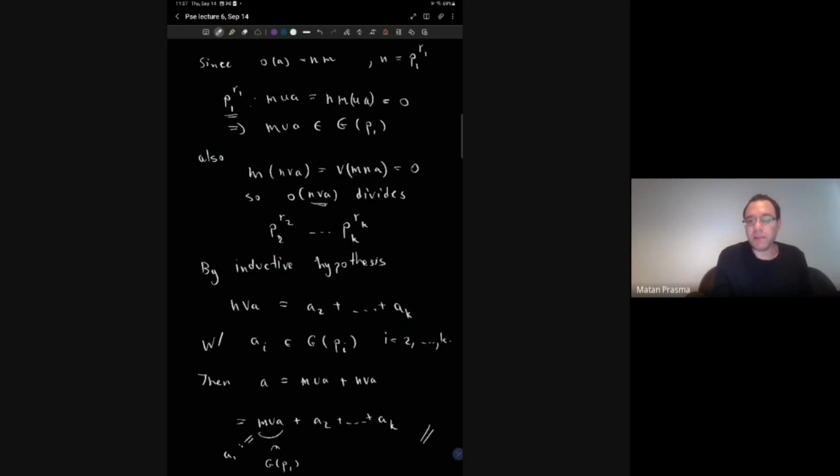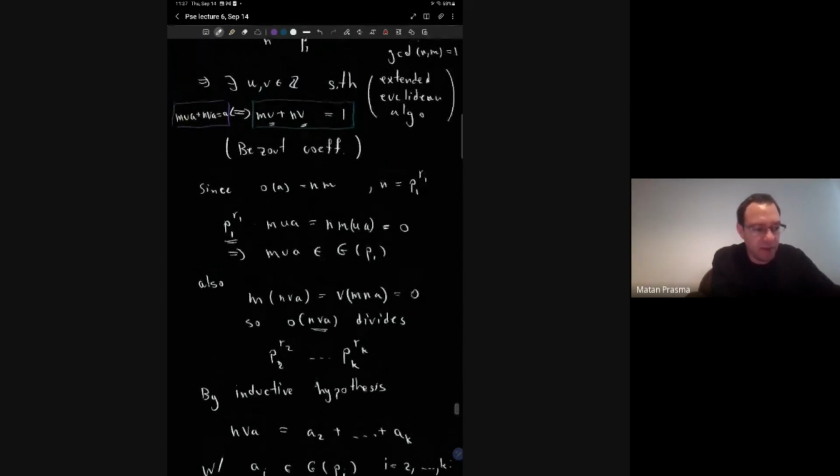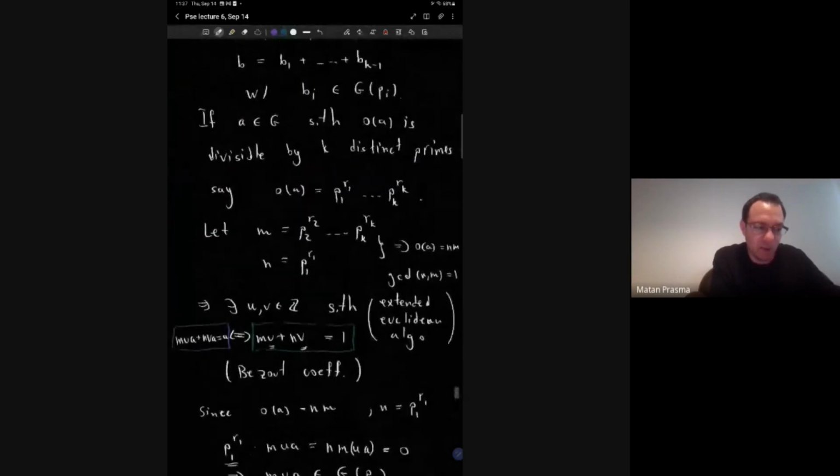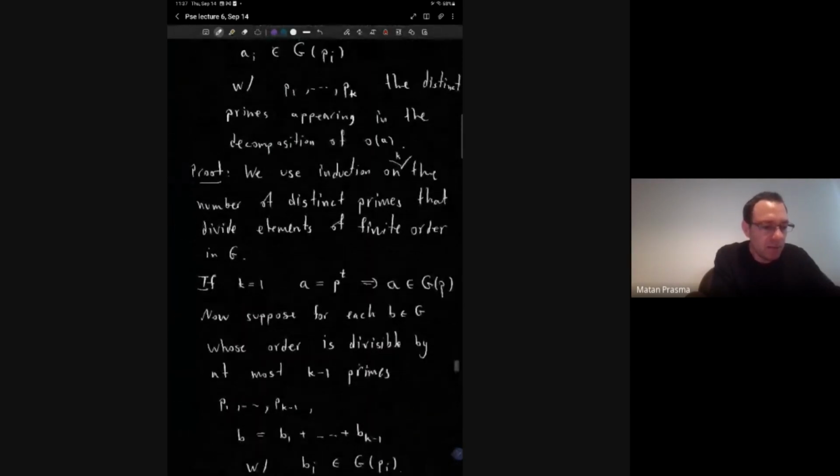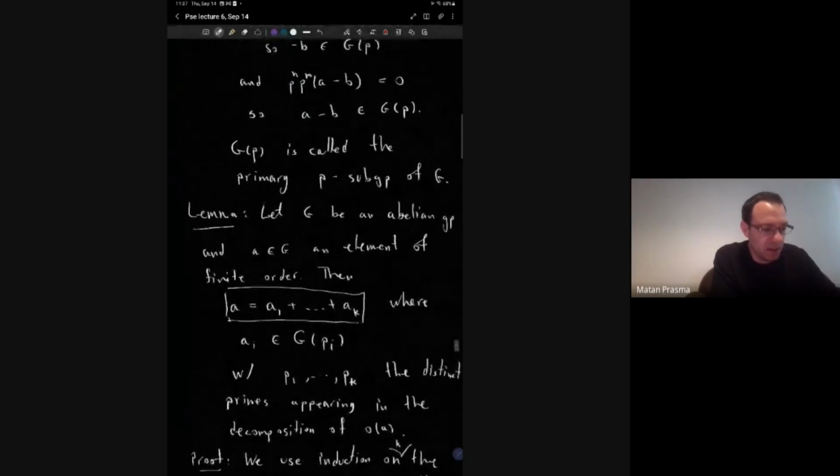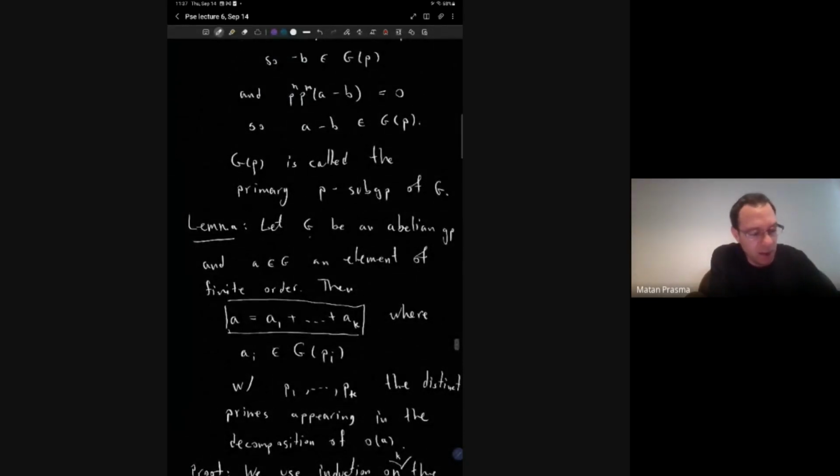Any question about the lemma? If you think of it, it's quite powerful, because it tells you that you take any finite abelian group.